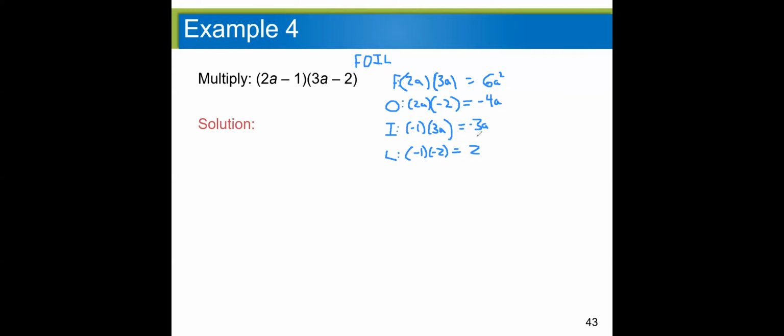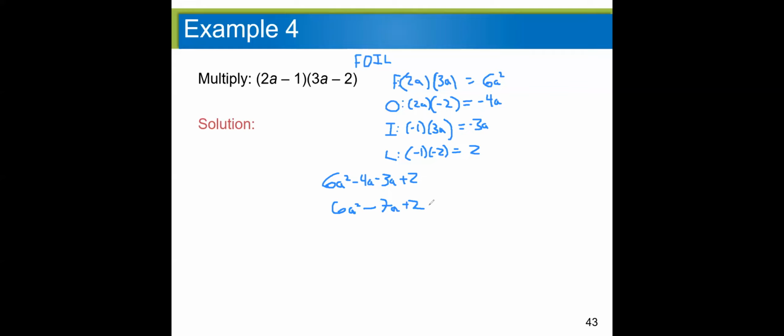If you don't show a sign, you assume it's positive, right? Now that I have this, my overall answer without simplification is 6a squared minus 4a minus 3a plus 2. I combine my like terms in the center there: 6a squared minus 7a plus 2.